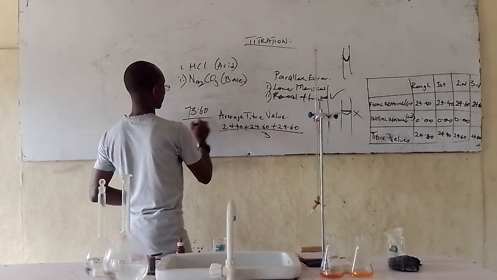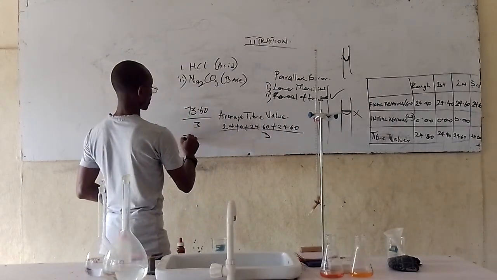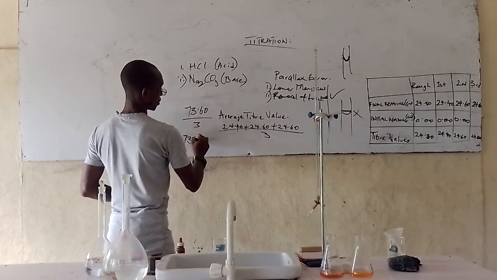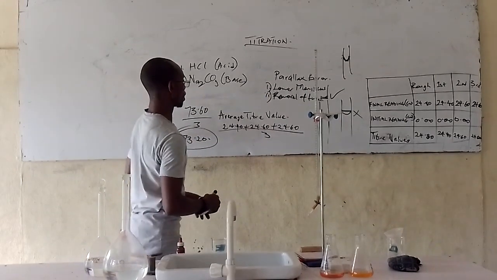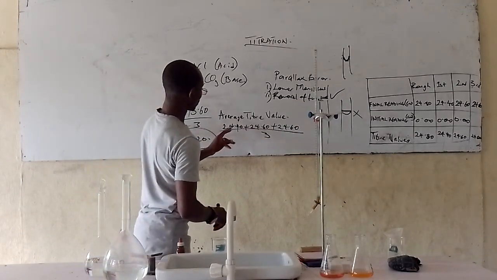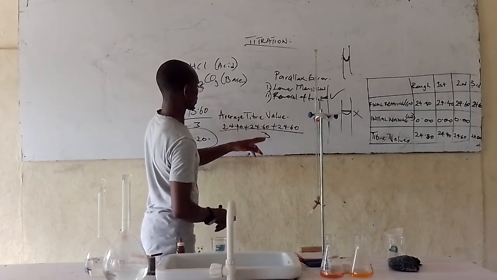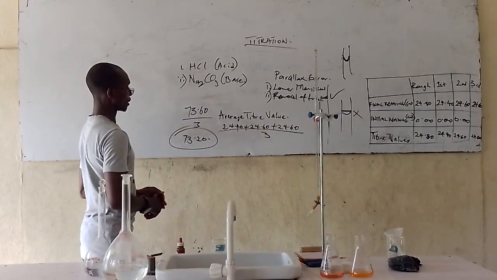So divided by 3, we should be having something around this value. That should be the average titre value. 1, 2, 3, 72, 73, then yes. So we should be having something that looks like this.